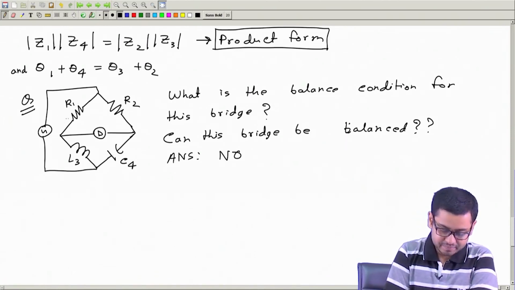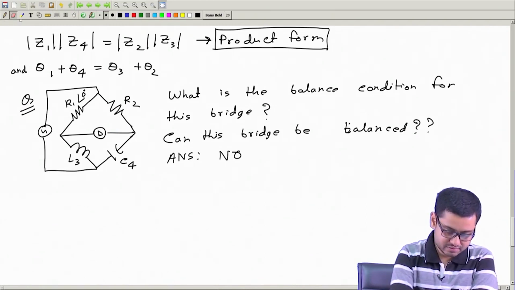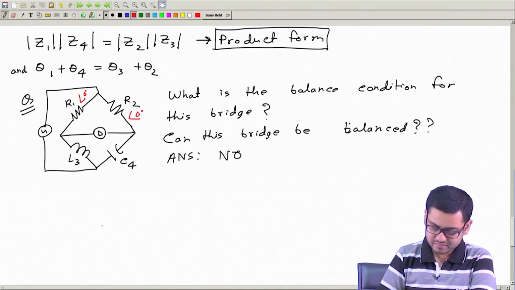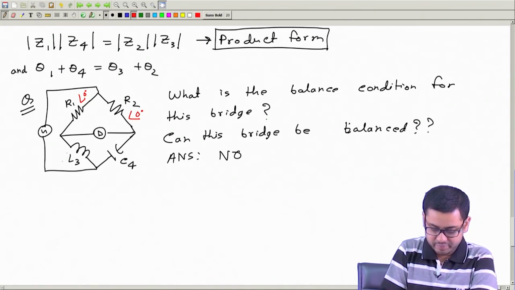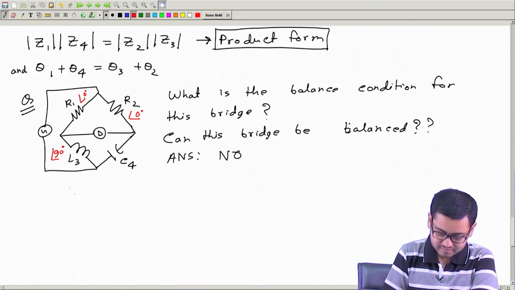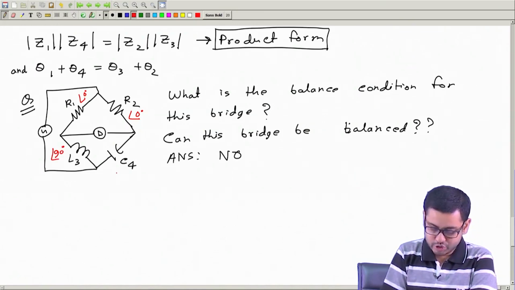Now, what is the angle here? The angle for a pure resistance is 0 degree. So the angle here is 0 degree, the angle here is again 0 degree. What will be the impedance angle for a pure inductor? It will be 90 degree, and for this it will be minus 90 degree.